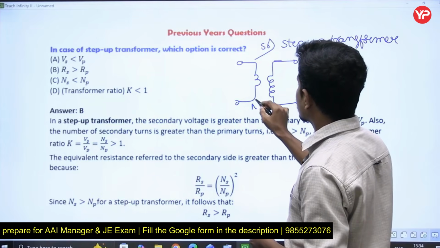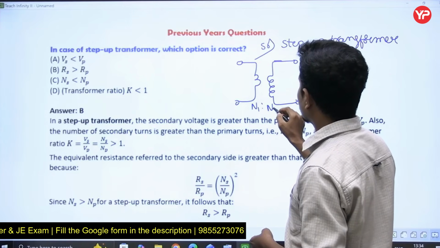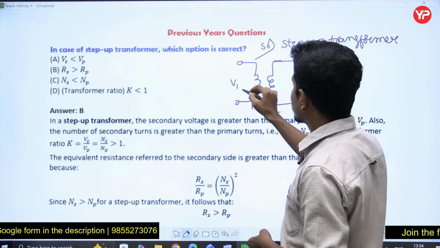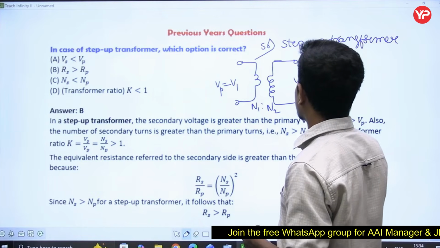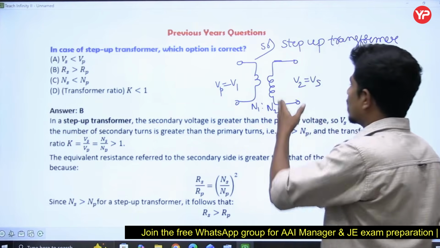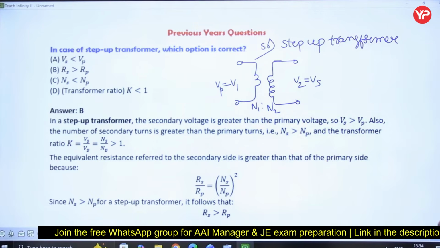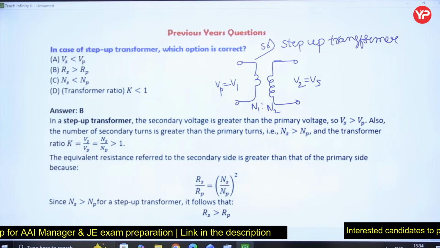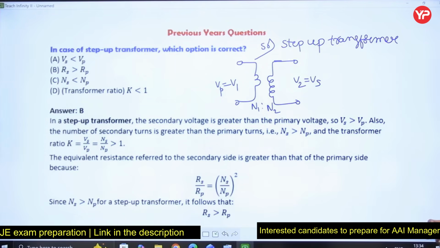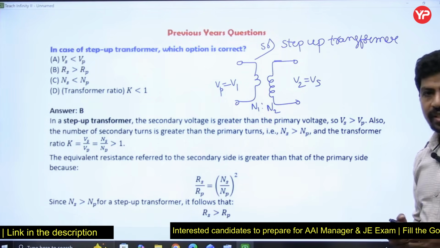The number of turns in the primary are N1, the number of turns in the secondary are N2, and this is V1, this is V2, or V primary and V secondary. If you see in the diagram, the number of turns in the secondary are more when compared to the primary, so the induced EMF, or voltage, is high.